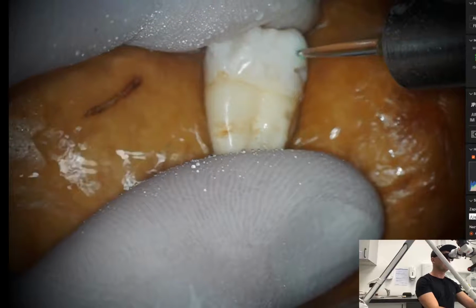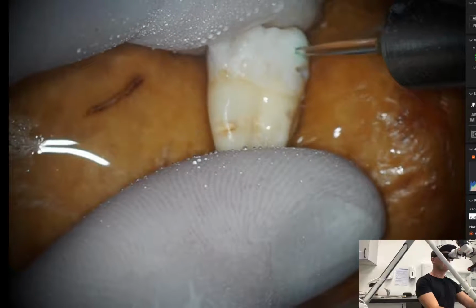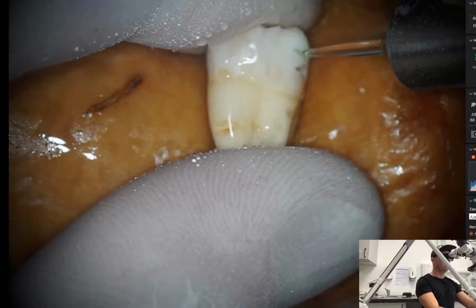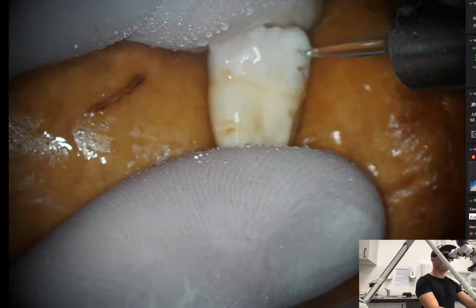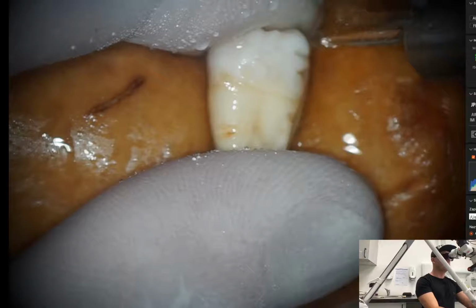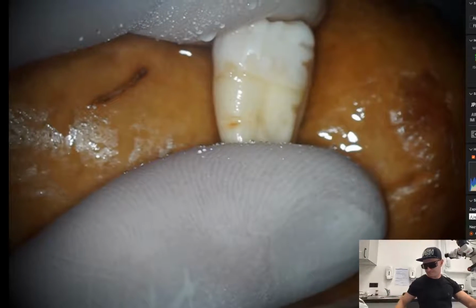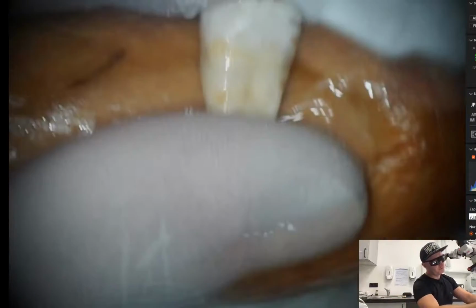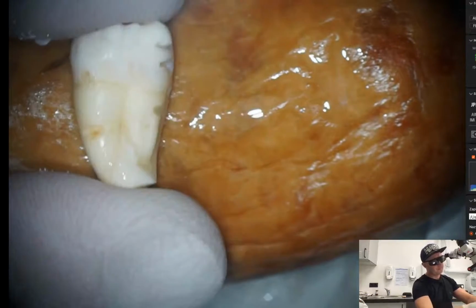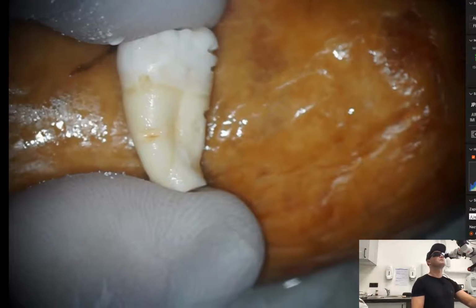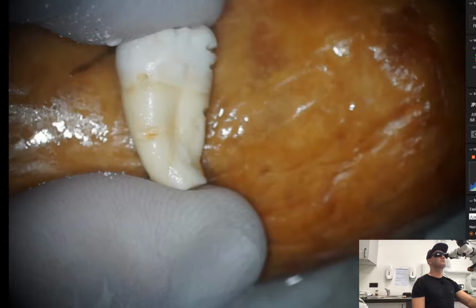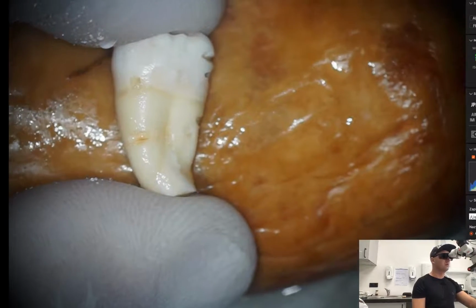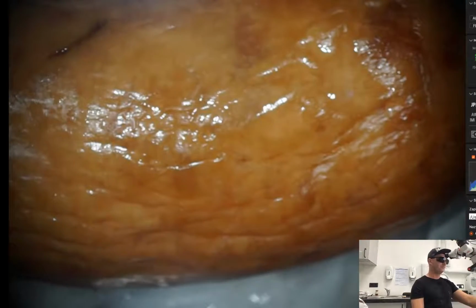And as you can see, my ablation goes much faster than without water. See. Okay, so this is how we work with our hard tissues.